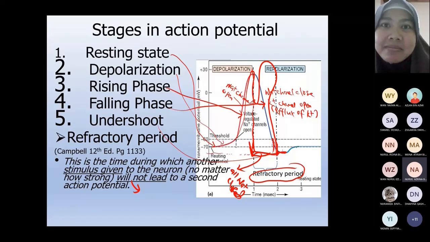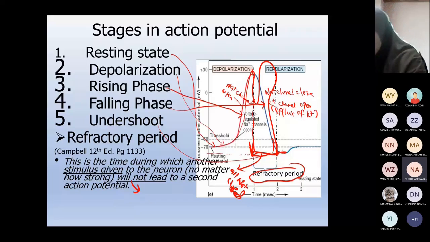But now there is no way for depolarization to happen. Understand, right? So that is why during the refractory period, no second action potential will be produced, even if the stimulus is very strong. Okay, right? So this is the answer.